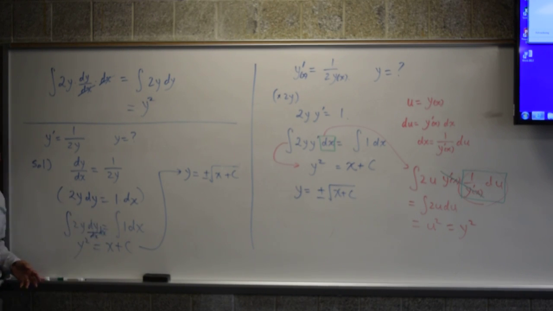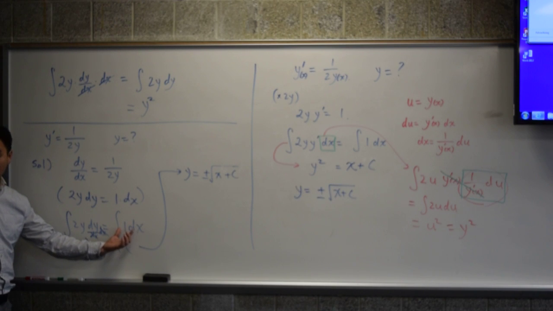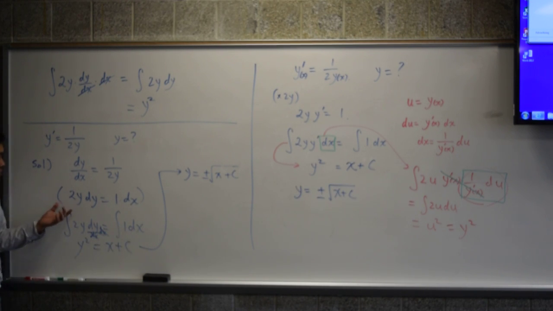When you integrate both sides by dx, the dx's cancel, leaving you with integration by dy on the left side and integration by dx on the right side. But often it's explained this way because it's easier to think of, and it's easier to keep track of whether you have all the y's on one side and x's on the other. So this is the standard way that separable equations are taught. Any questions?